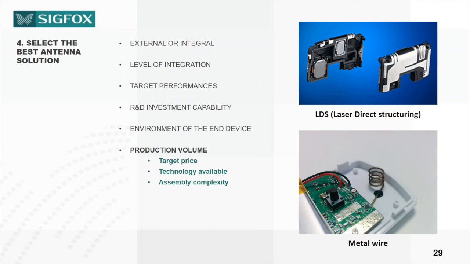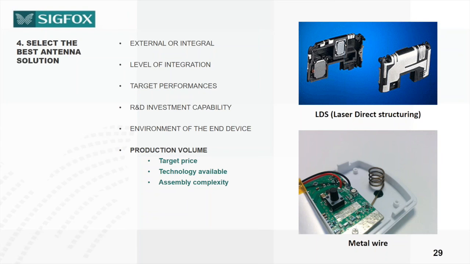It's called LDS, laser direct structuring. This is basically some kind of metal printing on a plastic surface, to make it simple. And this is only available for really mass production, so you need to be over hundreds of thousands of pieces. So if you only want to do, I don't know, 10,000 devices, this is not the right technology.